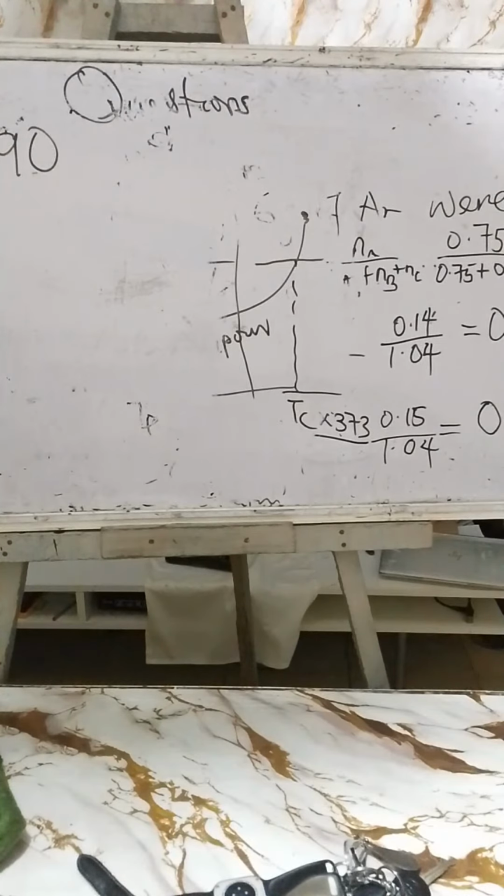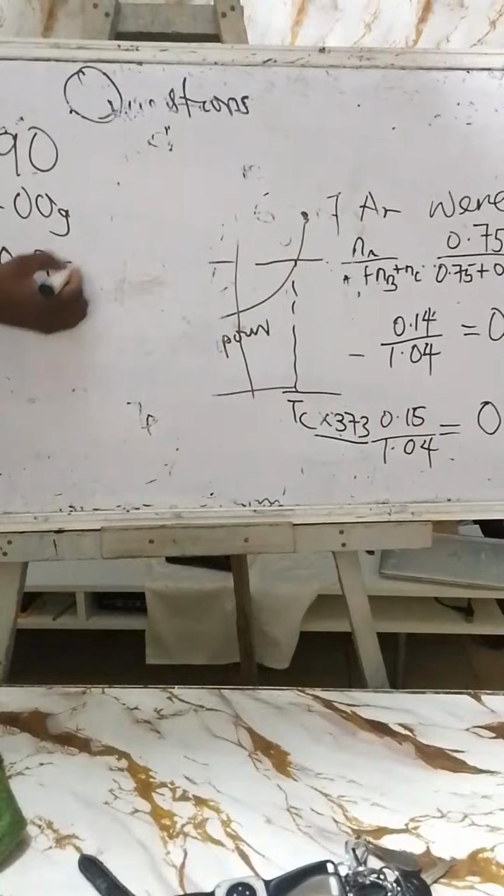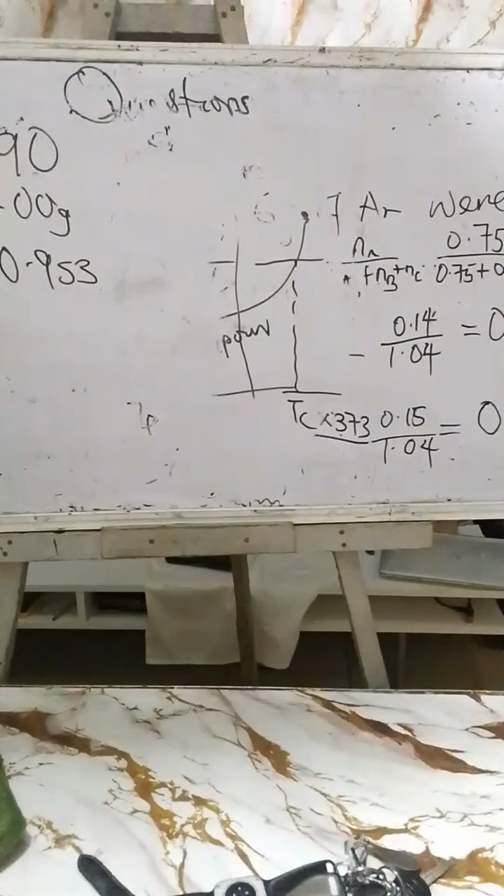They said if we started with 1.0 gram, then the Nt, which is at time t, is 0.953 after 2 years. So the time is 2 years.